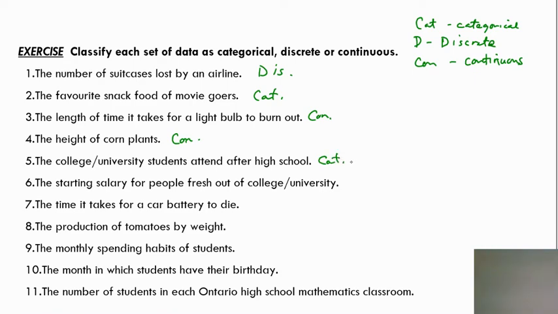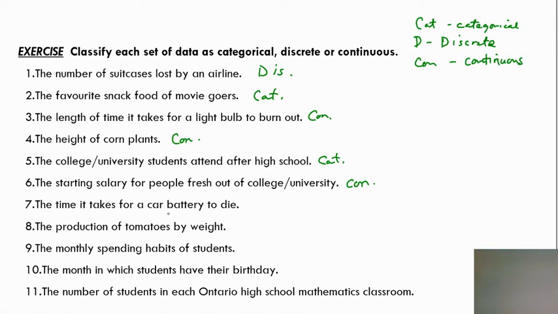So, Algonquin College, La Cité, Collegiale, or maybe you're heading down to Seaway College, or you're going to Centennial College, or maybe you're going to University of Ottawa or Carleton University. Those are all categories. Number 6, a starting salary for people fresh out of college or university. Again, there's quite a range. There's decimal values in there. There's a whole range of numbers. So those would be continuous data.